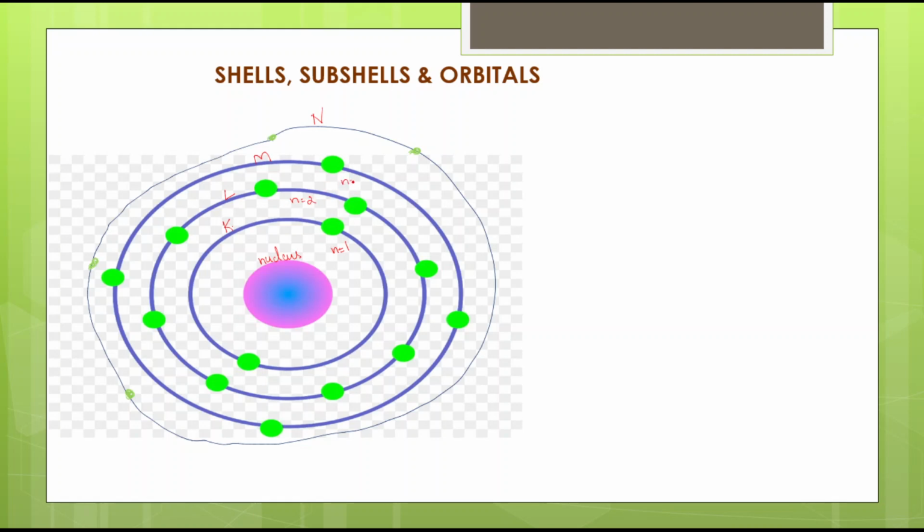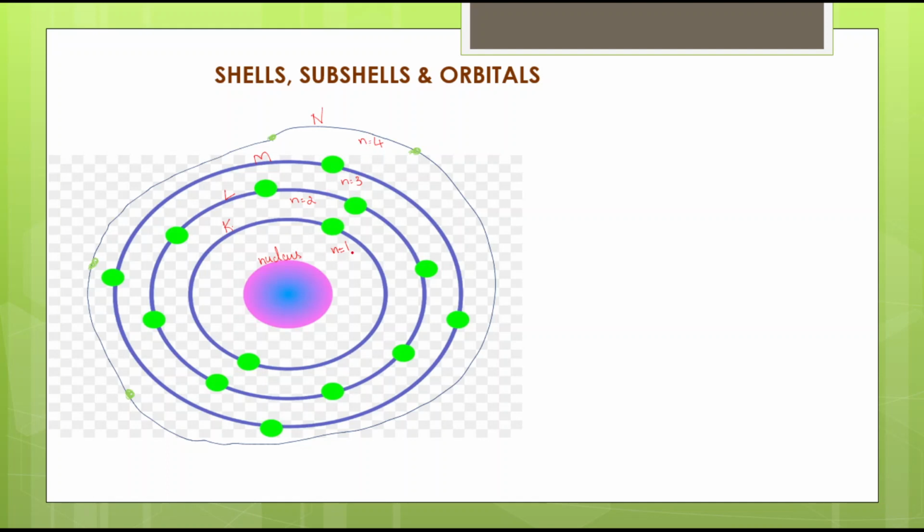Likewise, M is denoted as n equals 3, and N is denoted as n equals 4. So here capital N and here it is a small n. So the shells are indicated by using K, L, M, N, or n equals 1, n equals 2, n equals 3, n equals 4. These are also called the shells as well as main energy levels.